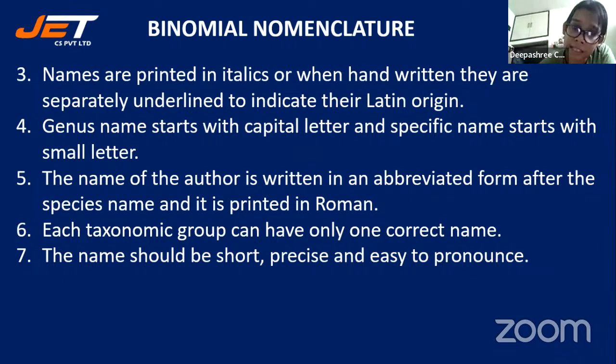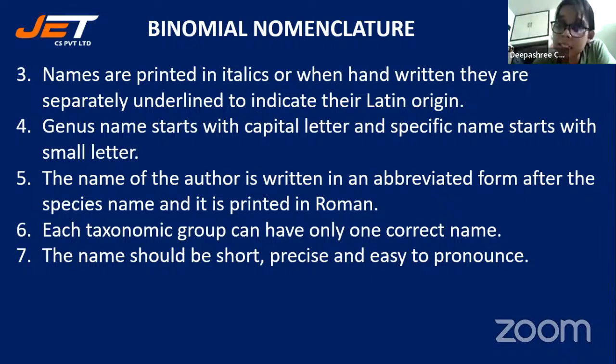For a computer or a phone there is a standard font, and print also has a standard font, where you can change the font into italics. So if you are printing or typing it, then the name should be written in italics. The genus name should be in capital letters, the species name in small letters.